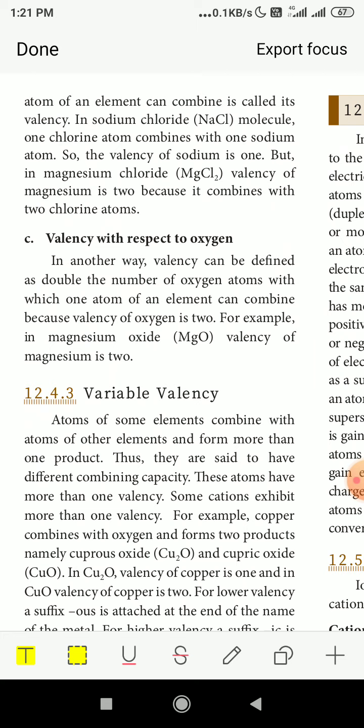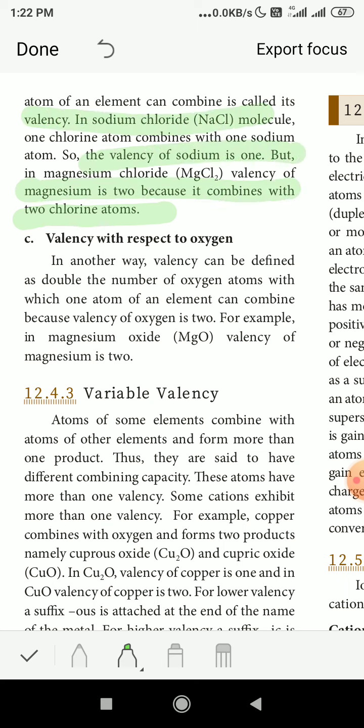But in magnesium chloride, MgCl2, how many chlorine atoms are there? 2. So magnesium will have the valency 2, because it combines with 2 chlorine atoms. Okay, understood? For all this you need to learn the chemical formulas.